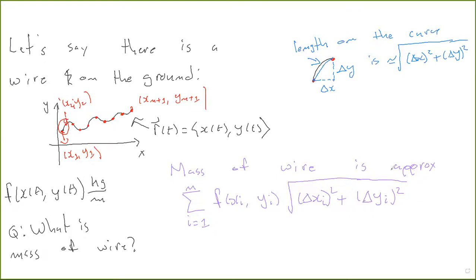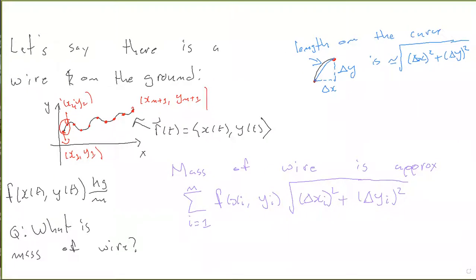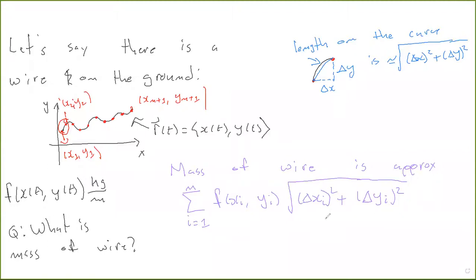Okay, now the idea then is that as n goes to infinity, this is going to converge to a certain integral. And the integral that it converges to is the integral from t equals a to t equals b of the function f of x of t, y of t times the square root of x prime of t squared plus y prime of t squared.